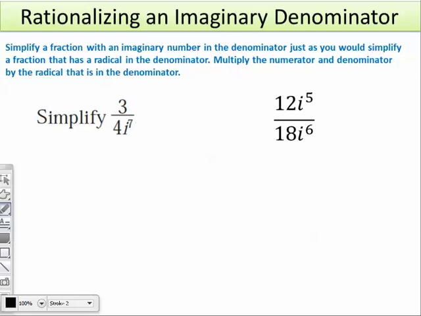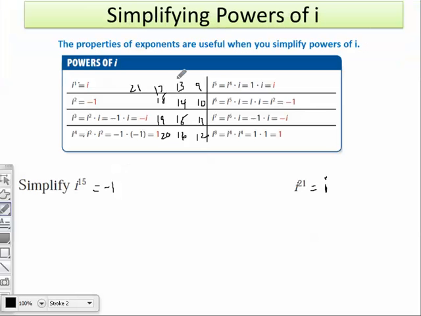Okay? Well, what if they're in the denominator like this? What are we going to do? It's real simple. You can just subtract them. Well, this is going to be 3/4 I to the -7th, right? Well, every time we get a 4, we're going to be able to take it out. Be the same thing going backwards. -1, -2, -3, -4, -5, -6, -7.